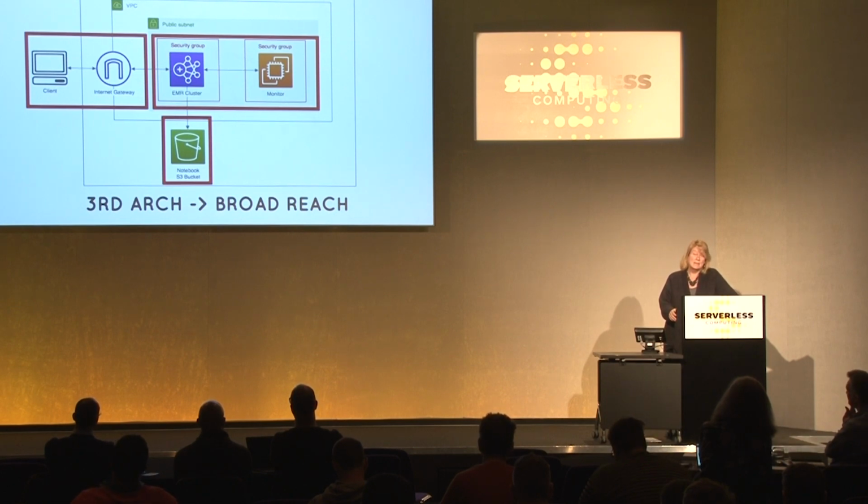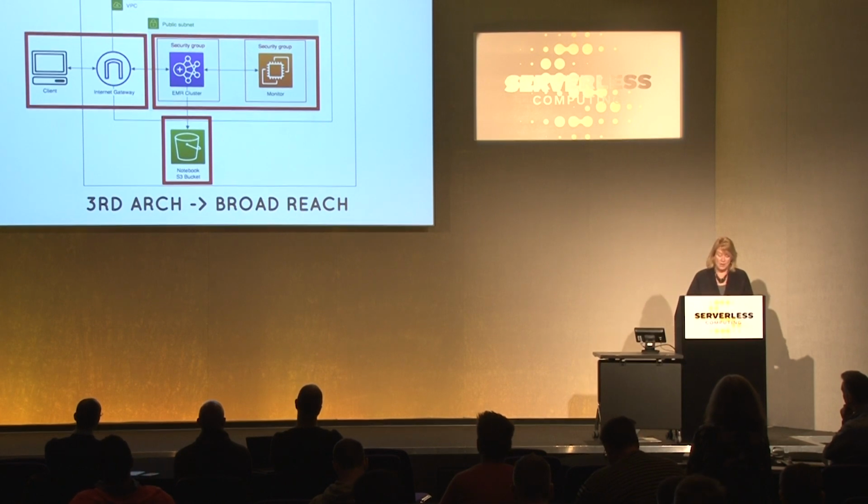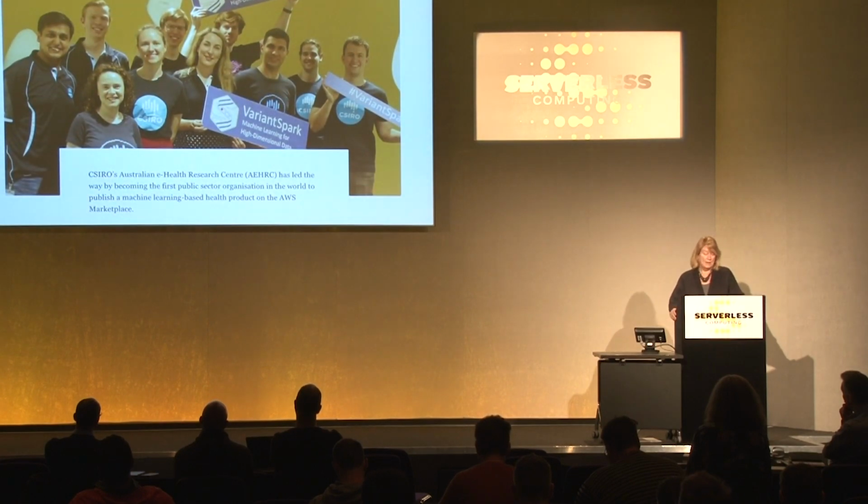So if you remember back to that story, Variant Spark was in a public repository and had very few users, and the dream of the Australians was to put it on the cloud in a way that was reproducible and usable across the globe. And I'll say in all ways, we've succeeded. Not only did they build this architecture, but much to my delight, they are, as it says, the first public sector organization in the world to publish a machine learning-based health product on the AWS marketplace.